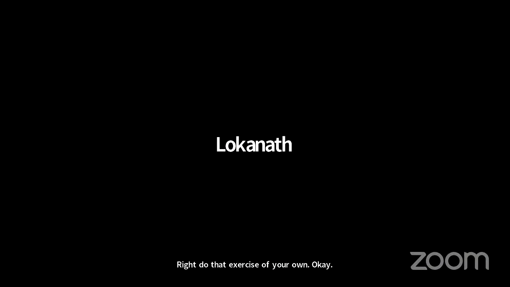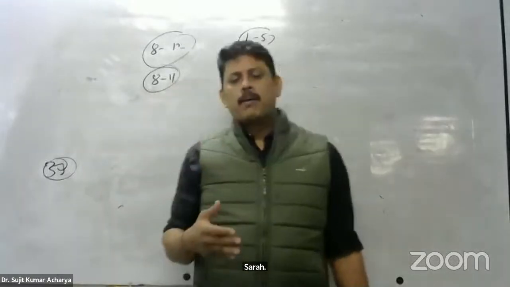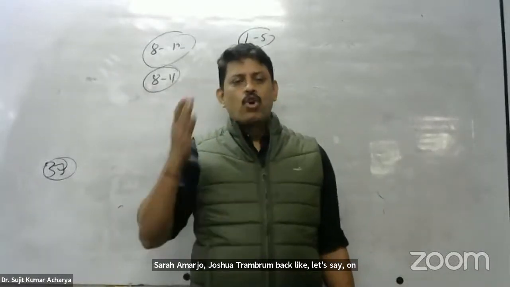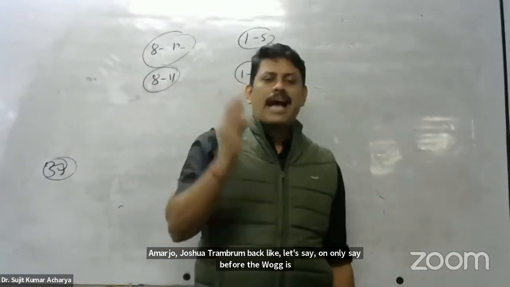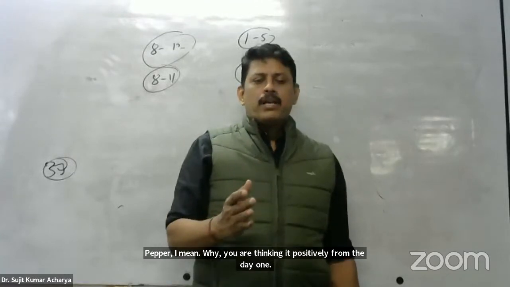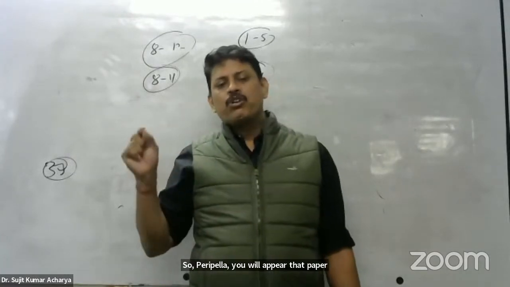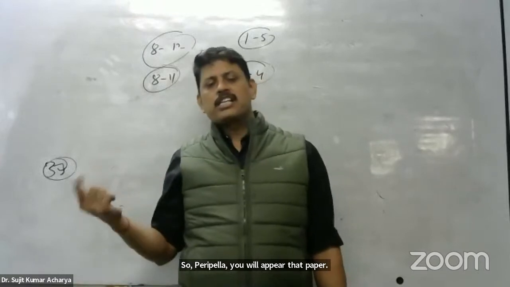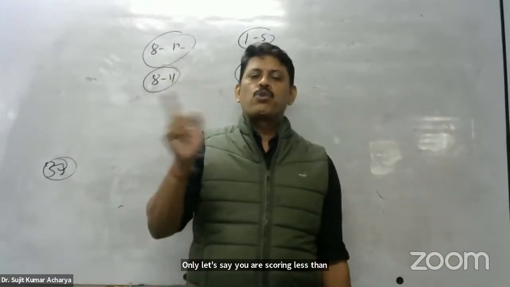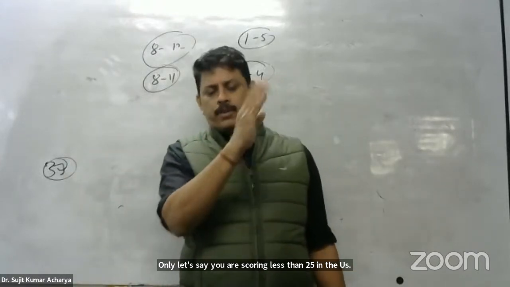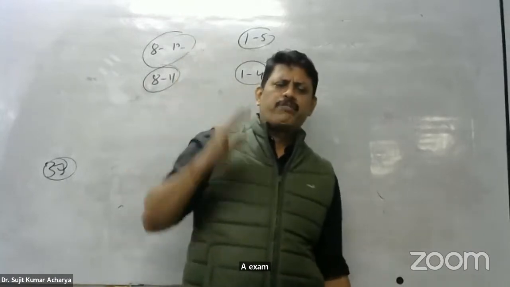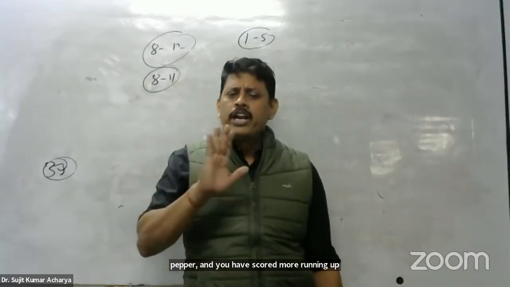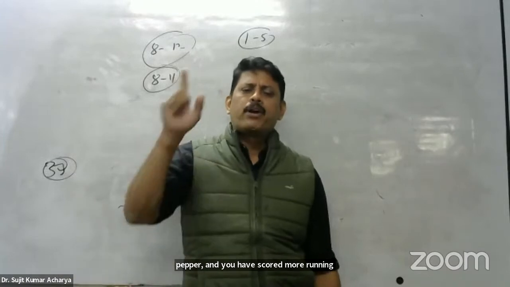Why are you thinking about it positively from day one? The paper that went badly, you will appear for that paper only. Let's say you score less than 25 in the university examination of a paper and you have scored 14 or 15 or 18 or 25 in the assignment, then there is no need to appear for the assignment, only you will appear for that.